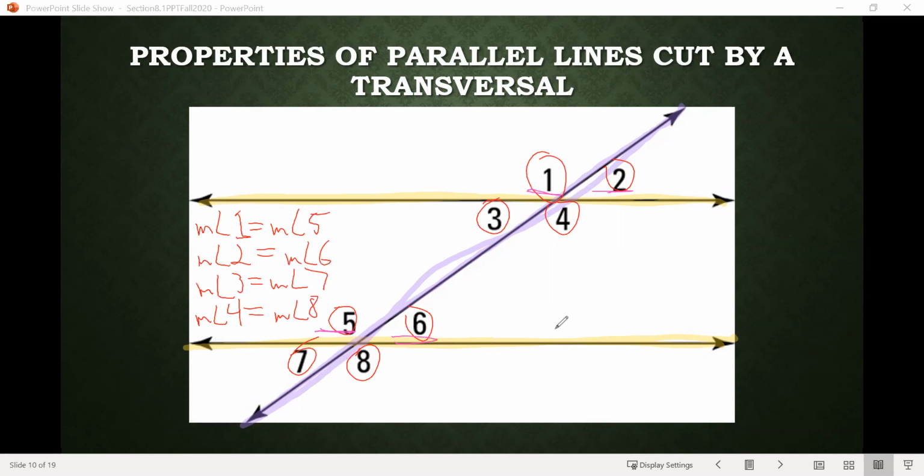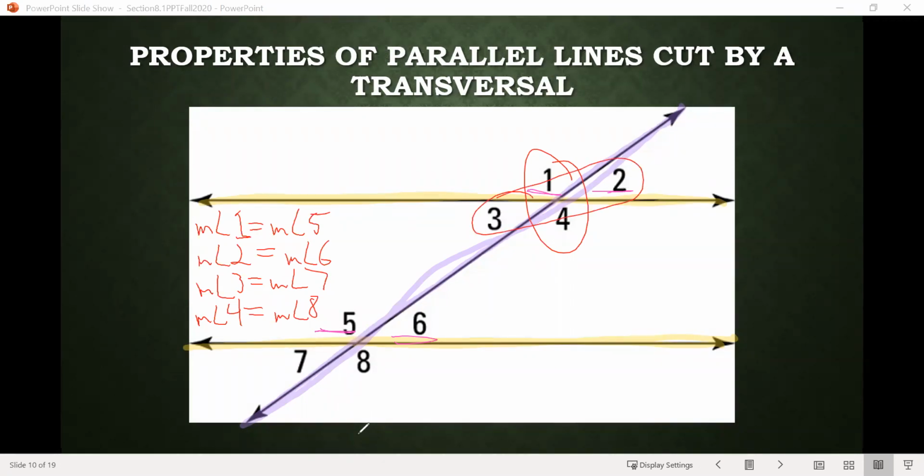There are also some pairs of angles within each smaller group that are the same. For example, angle 1 and angle 4 are the same. Those are what we call vertical angles because they're across from each other.